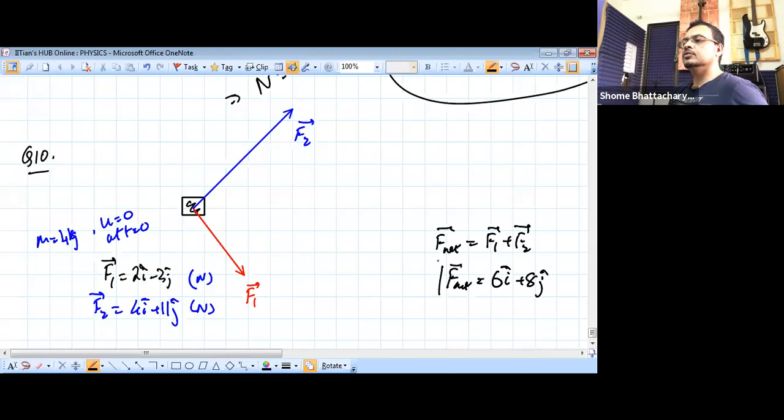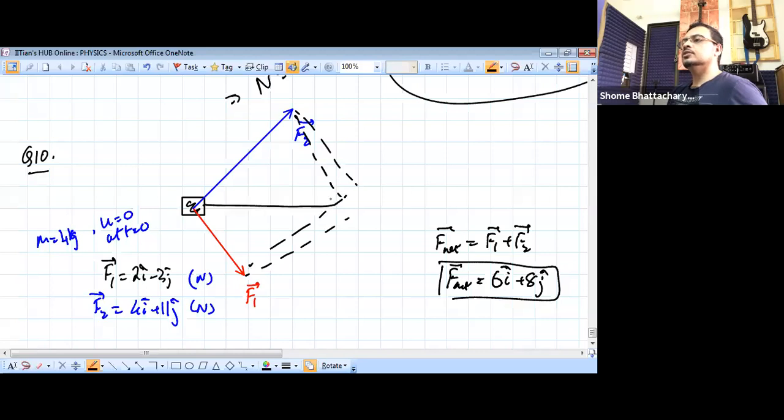You can see the net force is this much. To draw the parallelogram, let's say something like this. So the net force will be something like this; suppose this is your net force. So it will have an acceleration also along this direction. So the acceleration will be net force divided by mass.